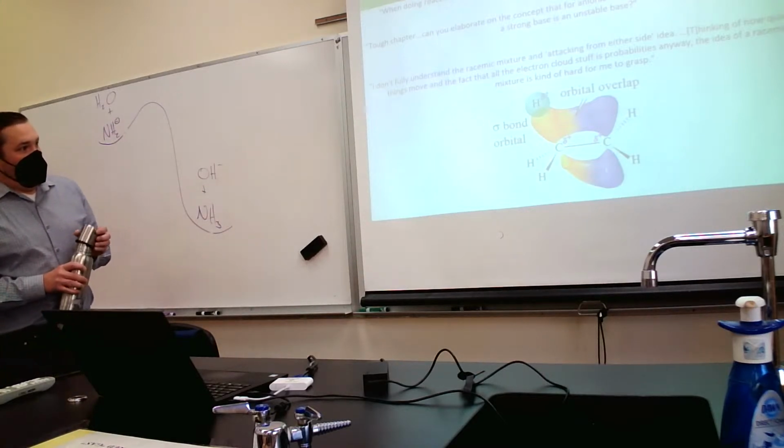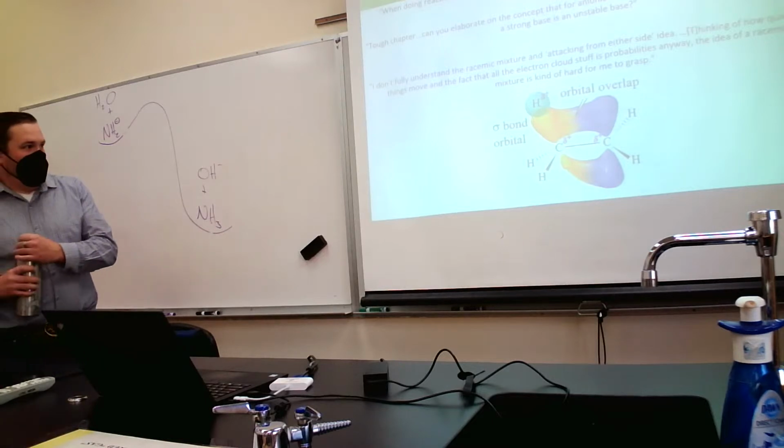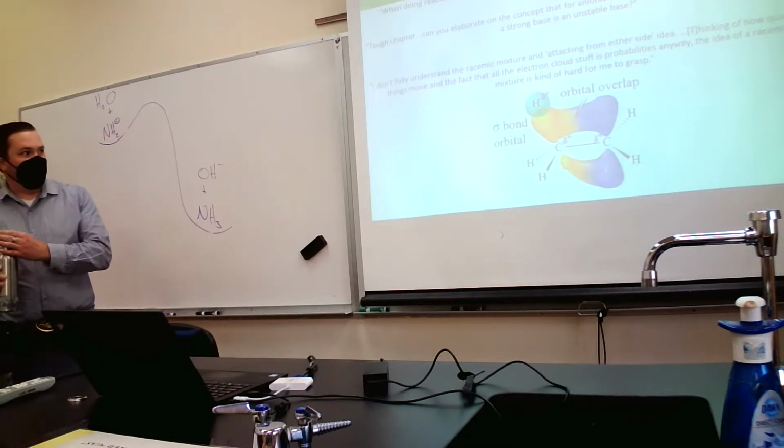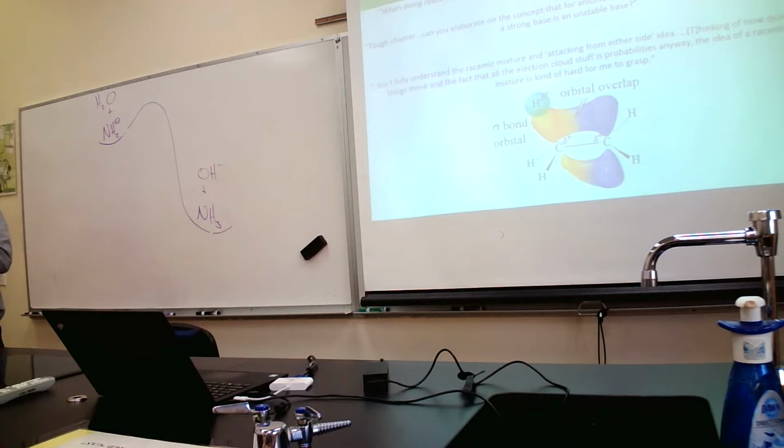All right, and then we already talked about this a little bit, but I found a figure that I don't think I threw into this year's slides, but that's from a textbook I used to use. This figure is actually explaining why more substituted carbocations are more stable.